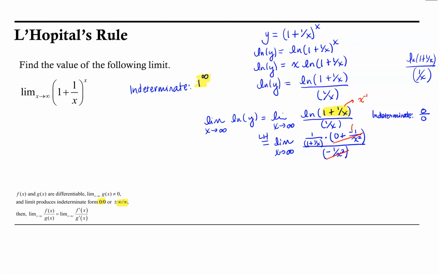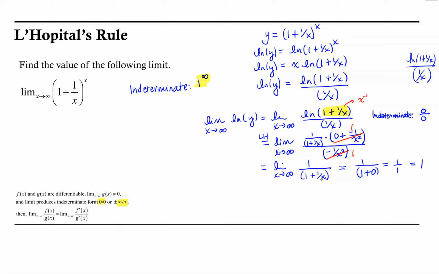So we have now the limit as x approaches infinity of 1 over 1 plus 1 over x. Now as x approaches infinity, our numerator remains a 1, and in our denominator, this first term remains a 1 as well. But as x approaches infinity, the 1 over x approaches 0. So we end up with 1 over 1, or just more simply 1.